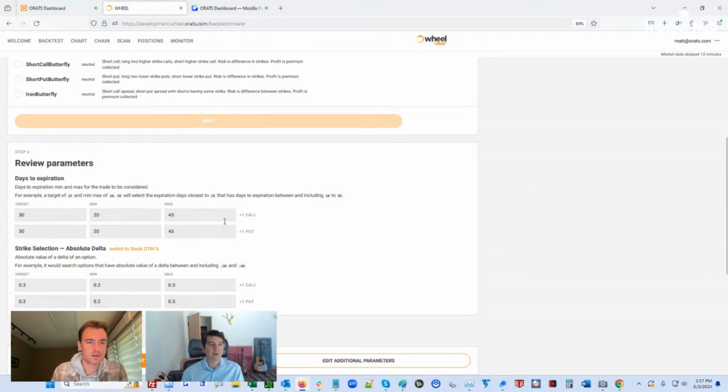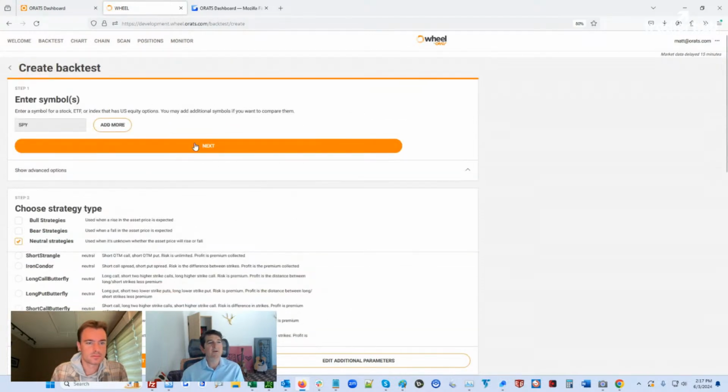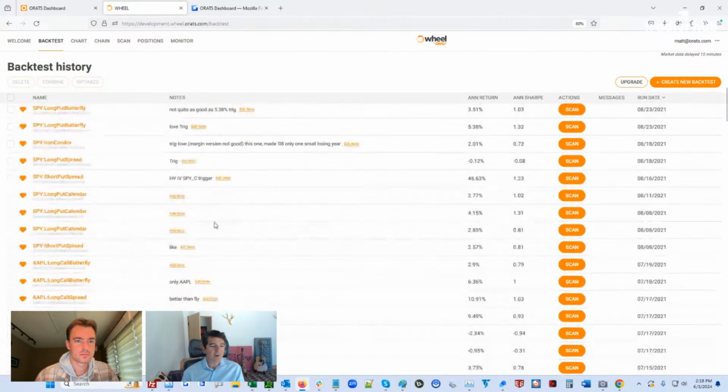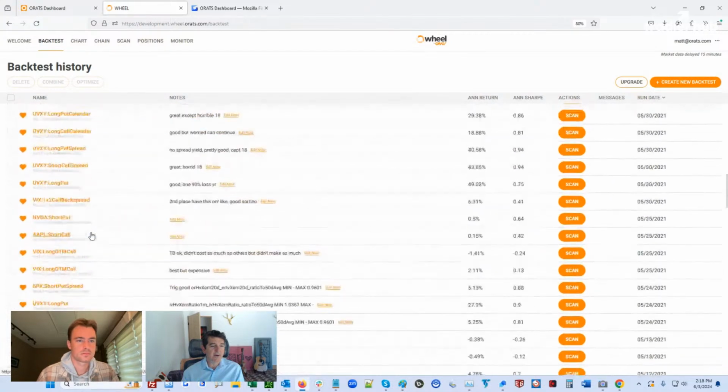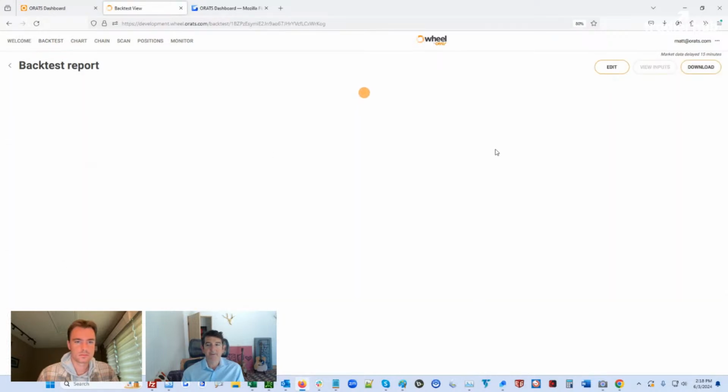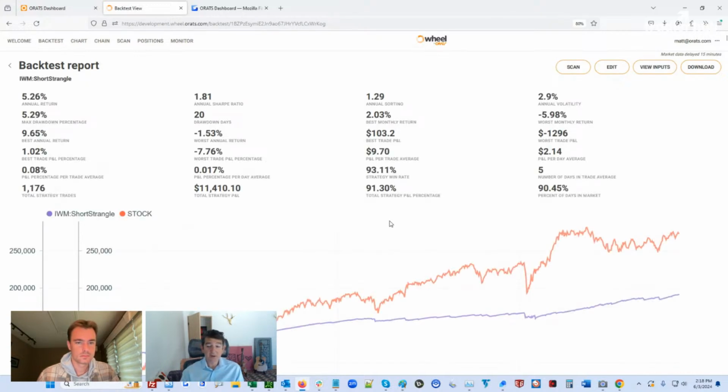Gotcha. That's a good question. The key is, let's just look at the short strangle on its own. So here's the IWM short strangle. First of all, it does two things.